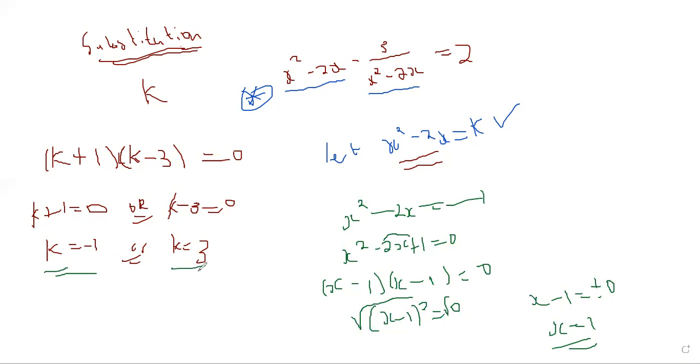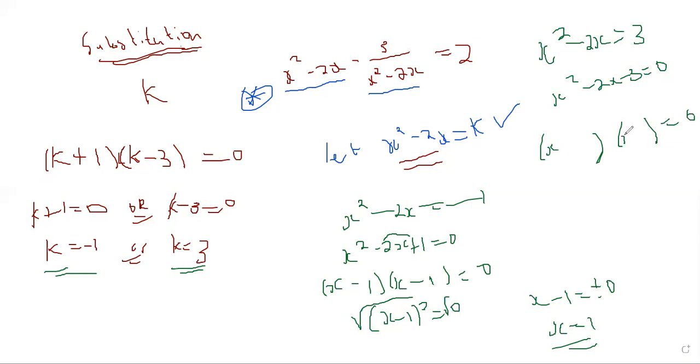And then what you simply do from there, you do the same with this one. So you'd substitute this one also. So you'd say x squared minus 2x is equal to 3, right? So we take this to that side, x squared minus 2x minus 3 is equal to 0. So from there, it's x and x.